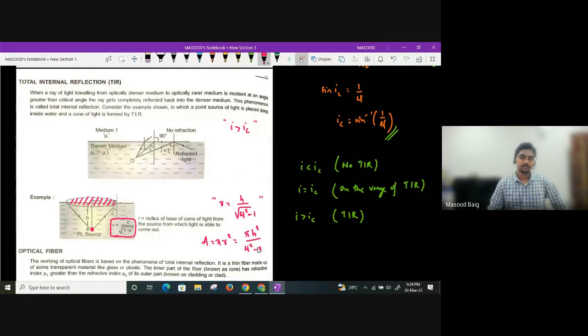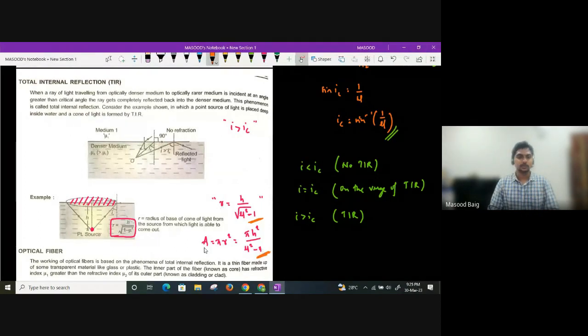Clear, everyone? Or they will ask you what should be the area of the disk that I need to place on the surface such that I am blocking the vision of the fish. So same case, the maximum radius of the disk should be this much, maximum area of the disk should be this much. Clear, all of you? This is the maximum radius through which a fish or an object or an observer can view the outside world.